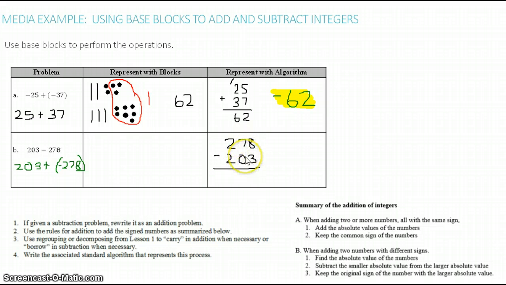So this is going to be our subtraction problem. Now because the number 278 with the larger absolute value is negative, our final result is going to be negative. So we can just keep our negative ready.